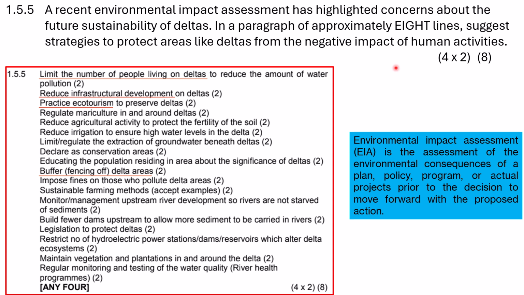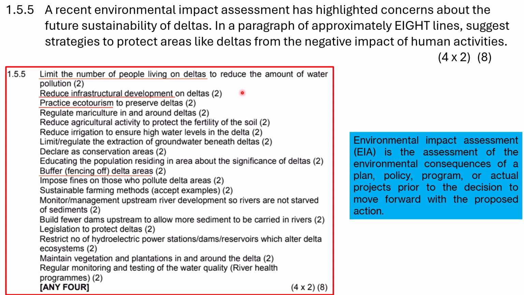And so even though this question is loaded, it ultimately wants you to say what can be done in order to protect these deltas from the impact of human activities. I've underlined a few answers that are quite easy to remember based on the extract speaking about the number of people that live on the delta.